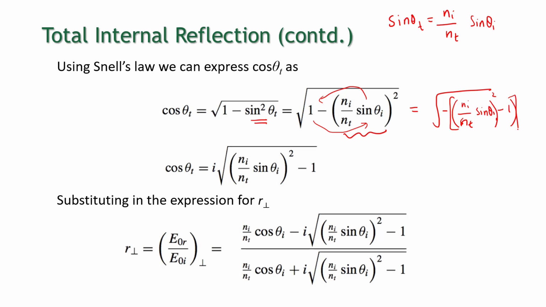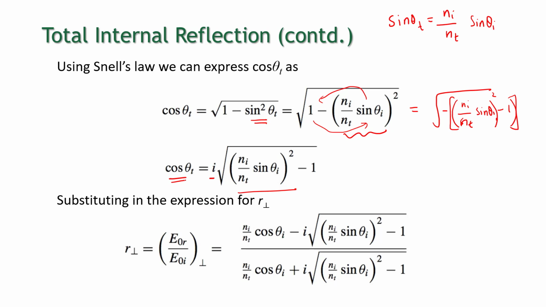I'm just flipping the terms so that I can pull this minus out of the parentheses, and the square root of minus is this complex number i. So this is just the square root of a negative sign, and everything else is the same inside the square root.